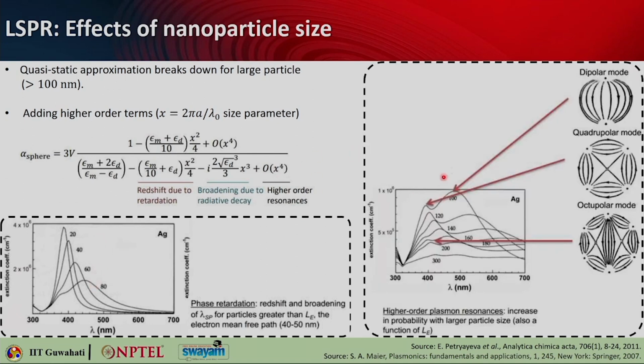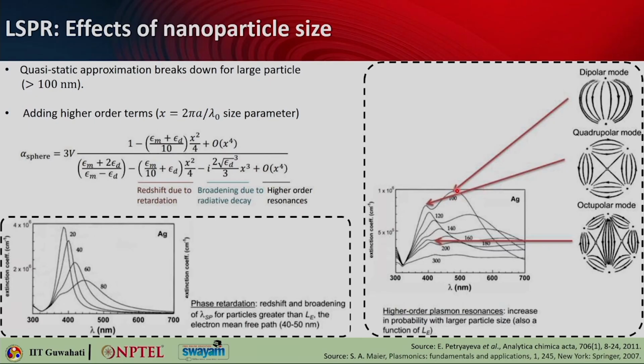Also, higher order resonances will come into the picture. If you further increase the size of the silver nanosphere from 100, 120, 140, 160, 180, 200 and 300, you see that the dipolar peak is getting weaker and weaker. It is getting redshifted, no doubt, but it is getting weaker because new resonances are coming up. Here you see for 80 there was a small shoulder. This was a higher energy peak, shorter wavelength means higher energy.